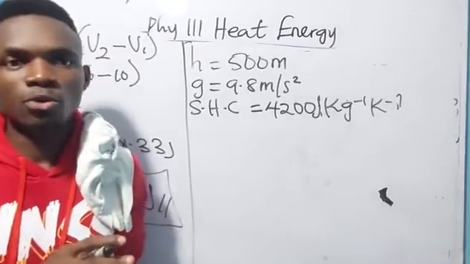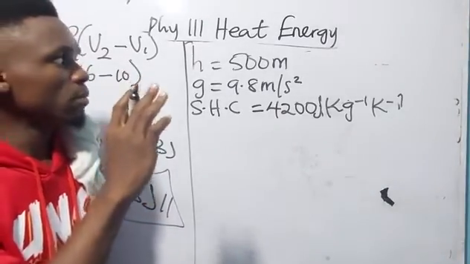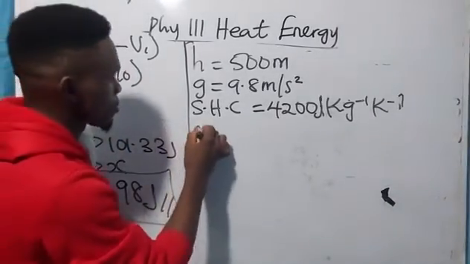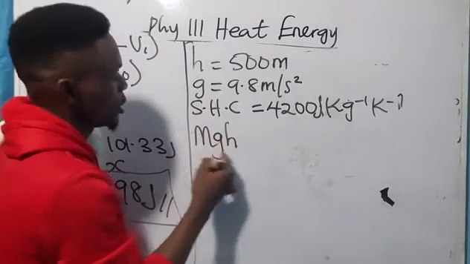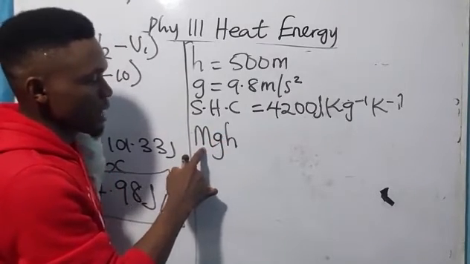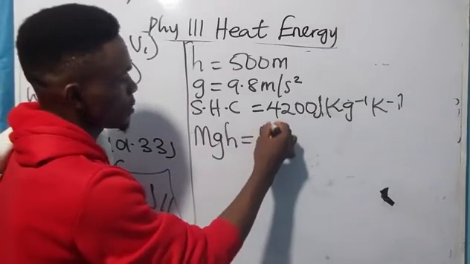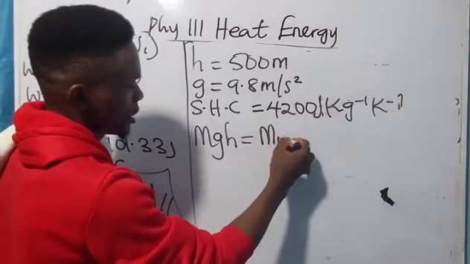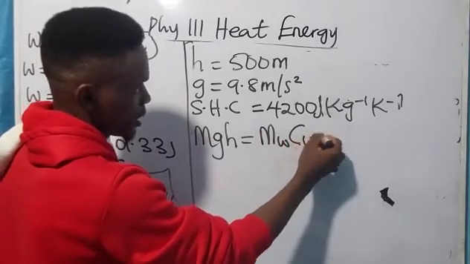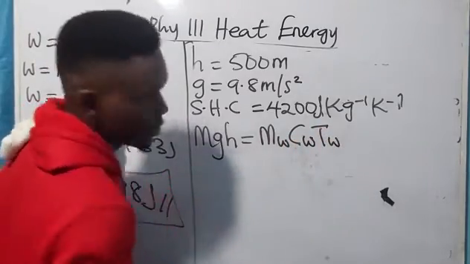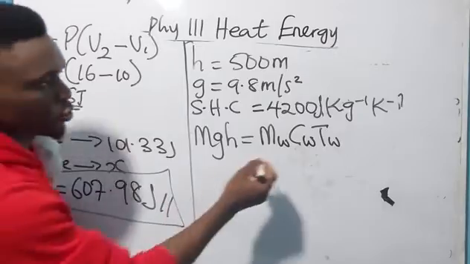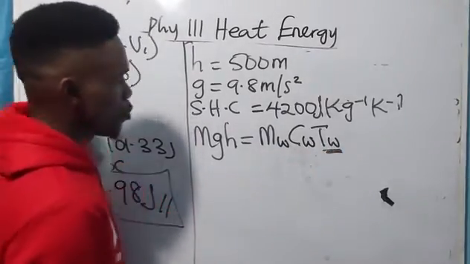All right, so I think from what we have now, we have to relate potential energy to the mass of water. So it becomes mgh. You know mgh, m is mass, g is gravity, and h is height. Then the mass of water, specific heat capacity of water, then temperature of water. So we are looking for the temperature of water.